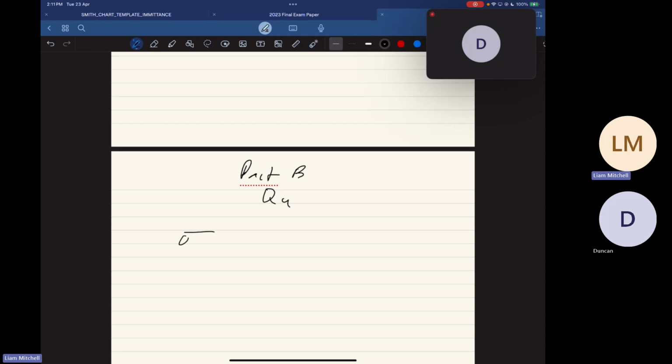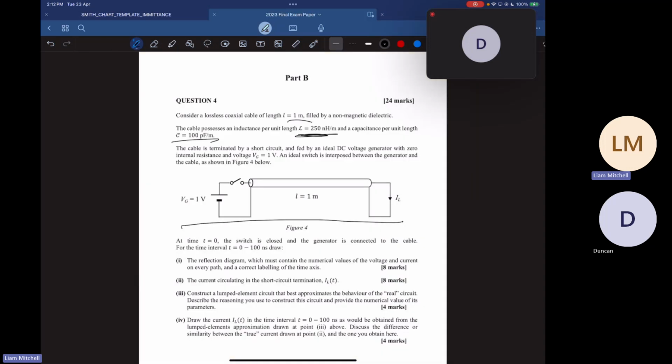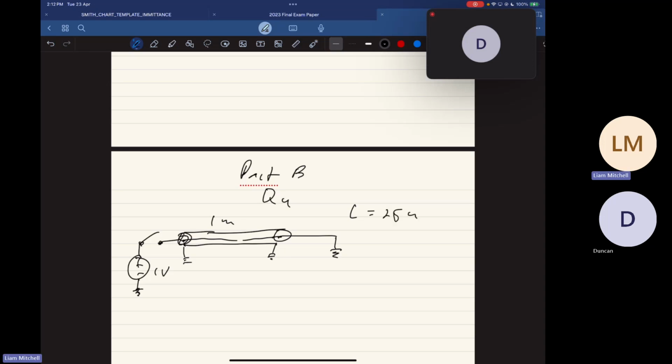So this is our circuit. Here it's shorted, and on the input we have a switch and a 1 volt voltage source. And we know that this is 1 meter long, and our inductance is 250 nanohenry per meter, and capacitance is 100 picofarad per meter.